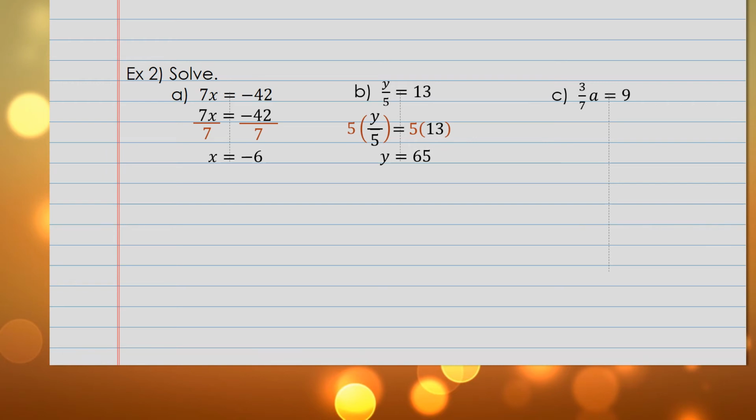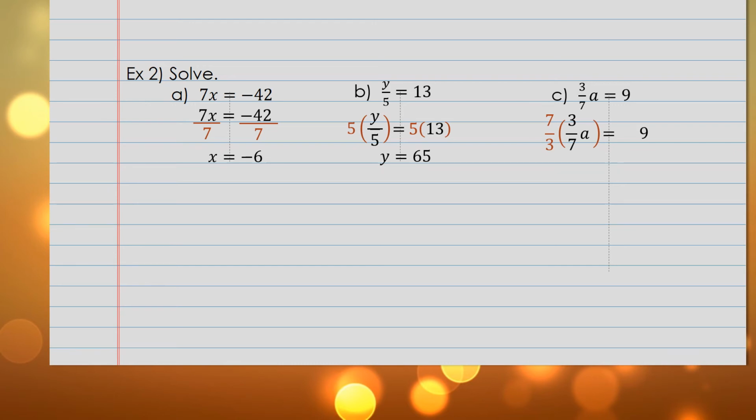Now because this is kind of a messy looking fraction, what we do is we actually multiply by the reciprocal of the leading fraction. Now remember, reciprocal means to simply flip the fraction. So in front of a, I currently have 3/7, which means the reciprocal would be 7/3.